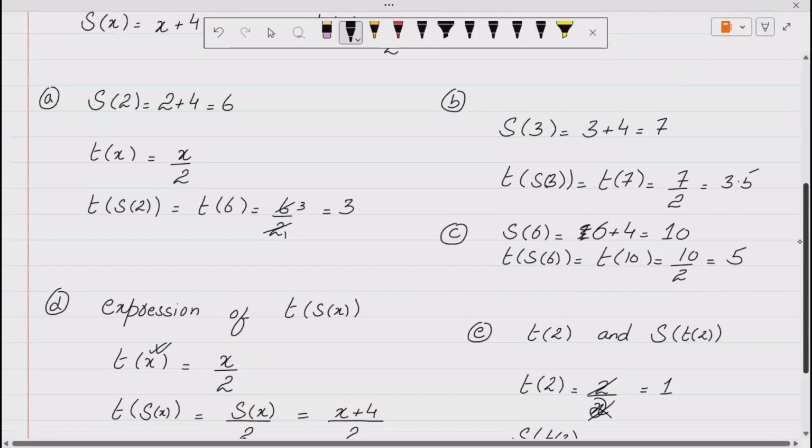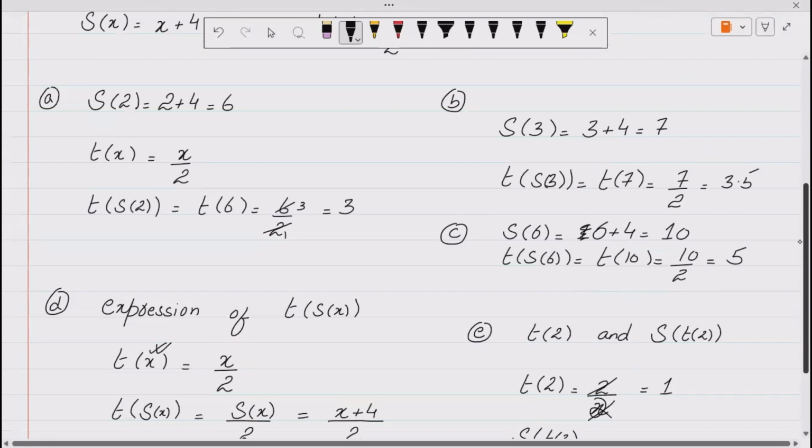Okay. Now part B, same. We have to find M of 4 and then M of M of 4. So first put 4 in M, take the answer, and then put this answer again in M. M of x is 3x, so M of 4 is 3 into 4, which is 12.